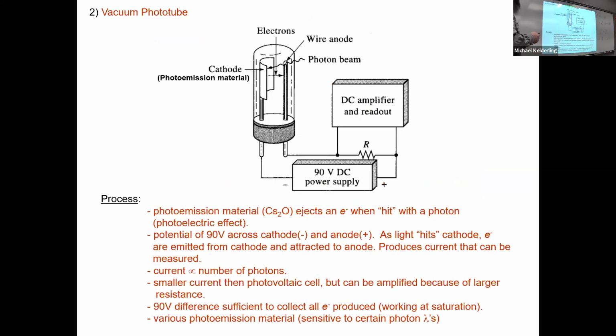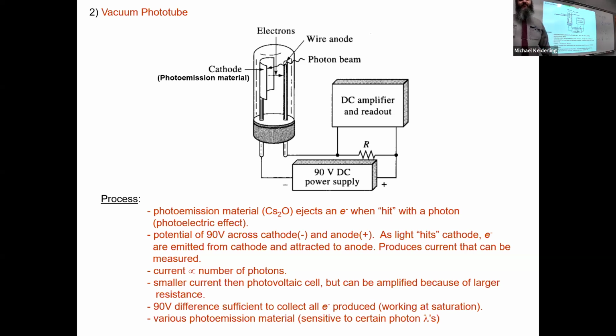A vacuum phototube has some photoemissive material. When a photon hits it, it releases an electron which gets collected in the anode. There's a potential of about 90 volts across this. As light hits the cathode, electrons are emitted and attracted to the anode, which produces a current that is measured. The current is proportional to the number of photons.